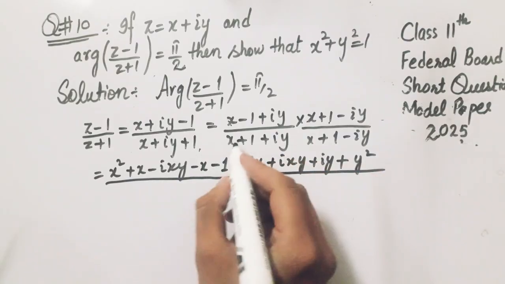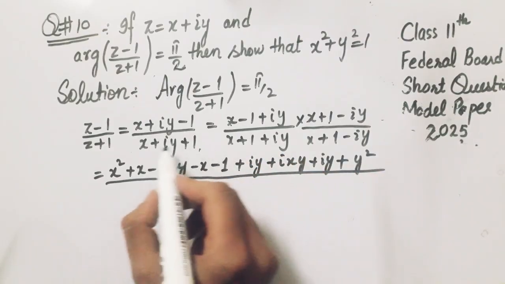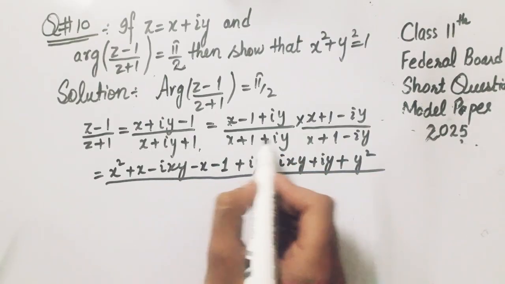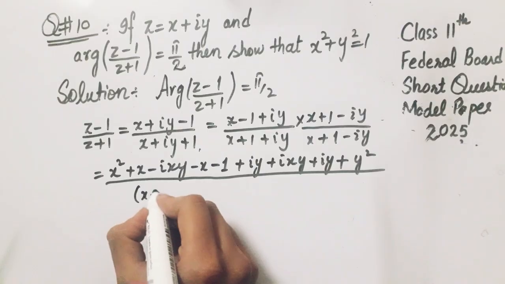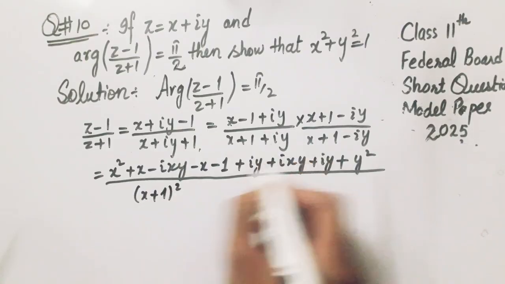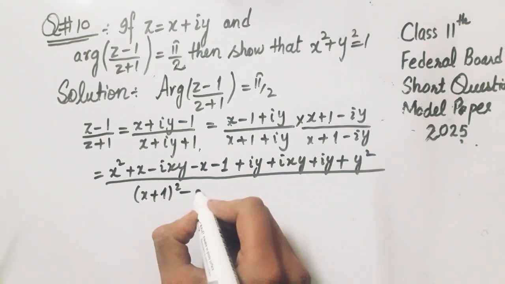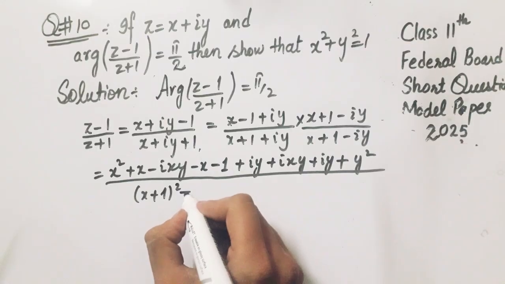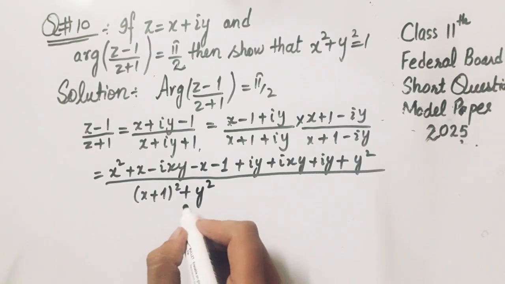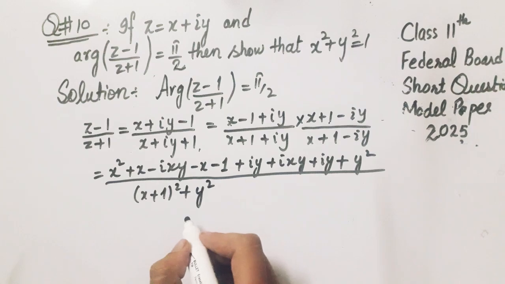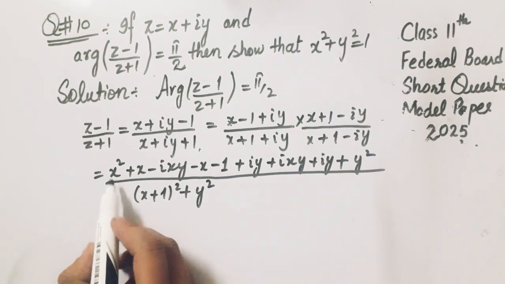Now in the denominator we have x plus 1 into x plus 1, which is (x plus 1) square, then iota square is minus 1, so plus y square. In the denominator we have this. Now we will solve.